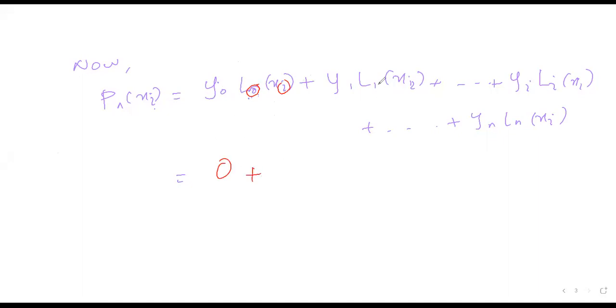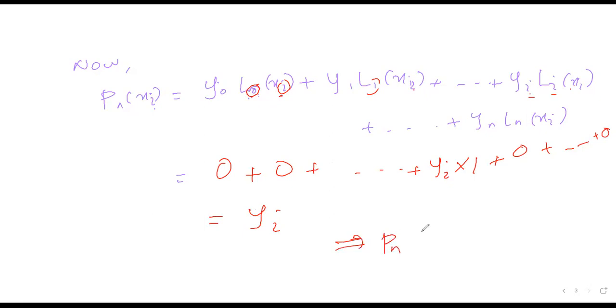So this is 1 and this is i, so I will get 0. I need to go up to i. The same one, so this one will be 1, and I can put yi times 1. All the other terms will be 0. Did you understand? This part and this part being different, you get 0. This part and this one being the same, you get 1. So finally, what am I concluding here?